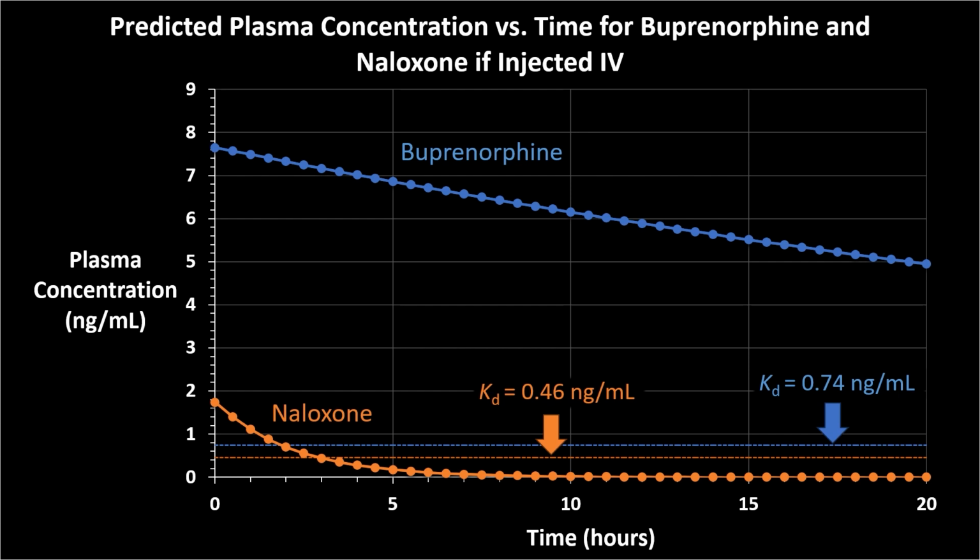Now, technically, since this is just in the blood, we don't know that the brain concentration will match this, and usually it does not. Sometimes it's actually higher than the blood concentration, though. But we do know that naloxone has disappeared from the blood at this point, and by far the majority of it from the body as well. So this sets buprenorphine at quite an advantage for binding to that receptor.